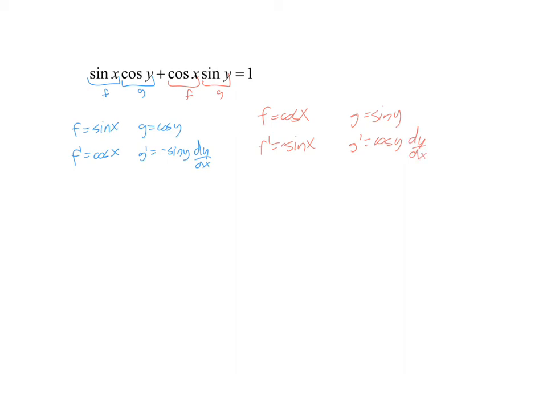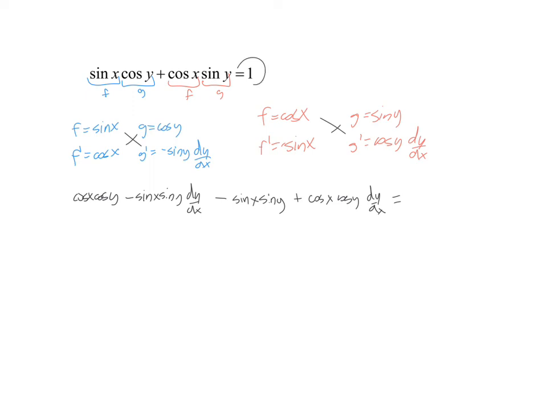So let's do our first two. So we get cos x cos y. Do our other two. So it becomes minus sine x sine y dy/dx. Do the same thing for our other two. So now we have minus sine x sine y. And then our last two would be plus cos x cos y dy/dx.